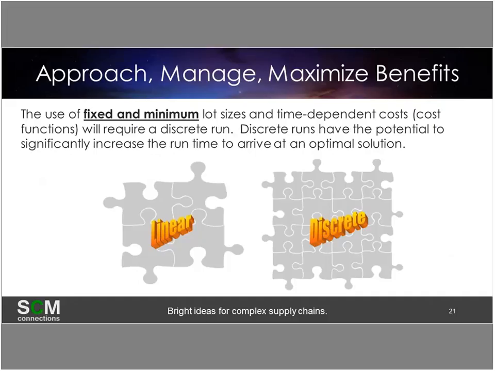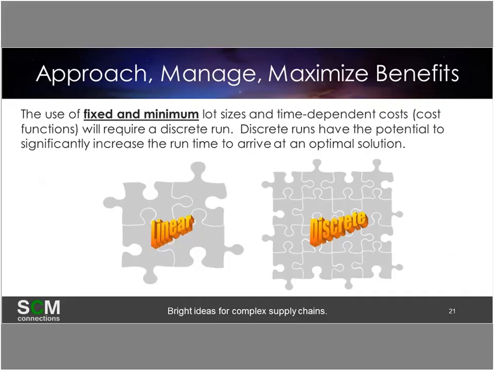Okay, so linear versus discrete. I'm not going to go into this a whole lot, but the main thing is, if you're going to do lot sizing, and you do need to consider lot sizing, that's part of the power of the optimizer, you've got to use the discrete model.